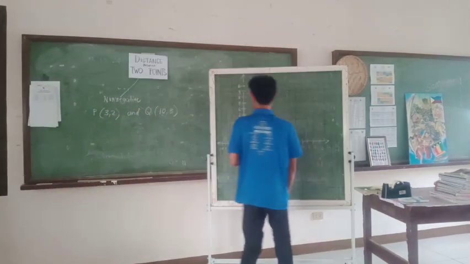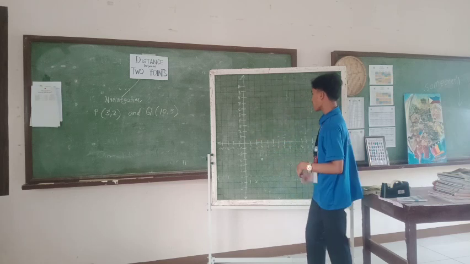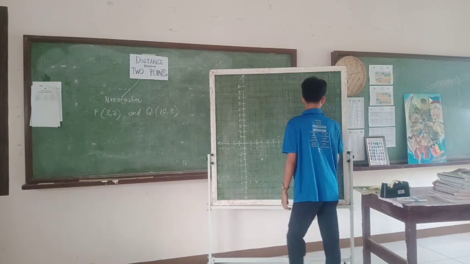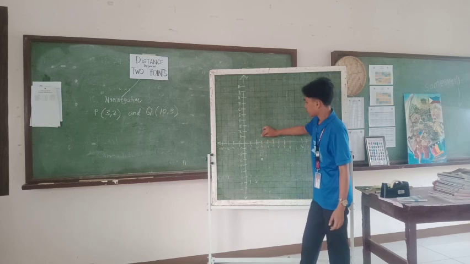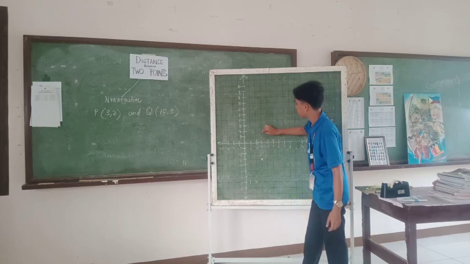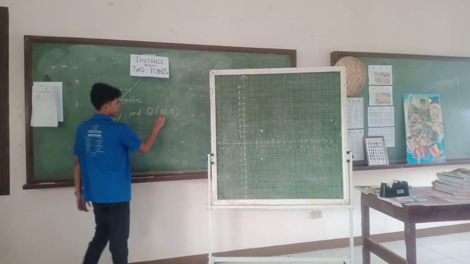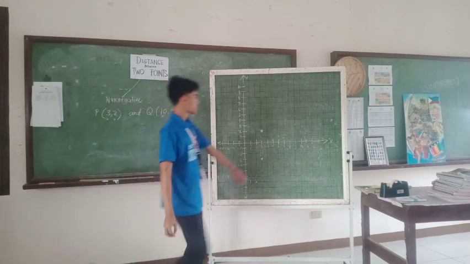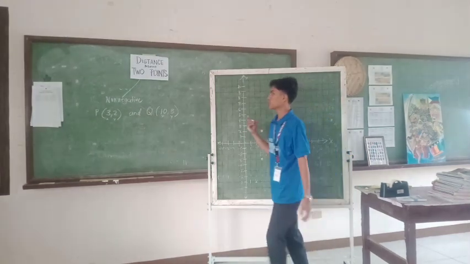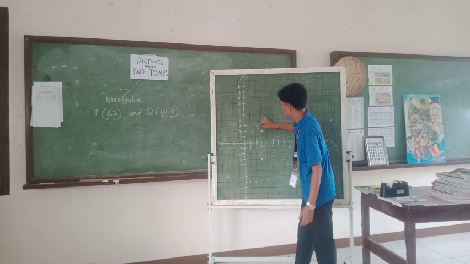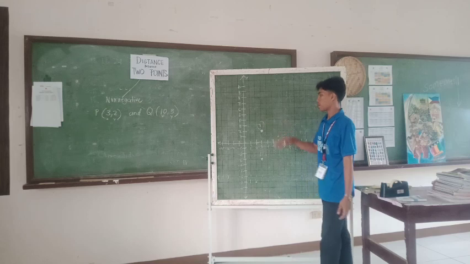The X and the Y. So the X here is positive 3, and positive 2 for the Y. This is the X, this is the Y. So this is point P and this is point Q. Point Q is positive 10.